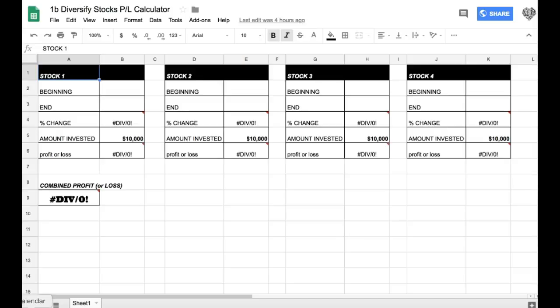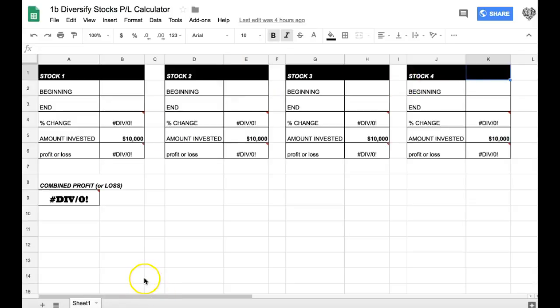But basically we shared this where we have 4 calculators, and they have to put the name of the stock here. In my example that I did with them, I chose Sprint, Dunkin' Donuts, The Gap, and Ford Motor Company. And so what we had them do was look up the stock price at the moment, and they had to put it in here.